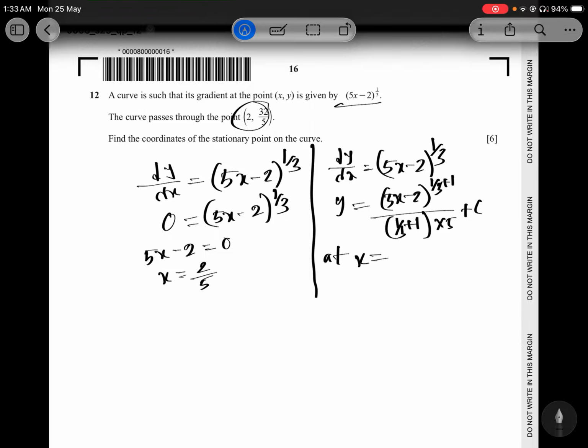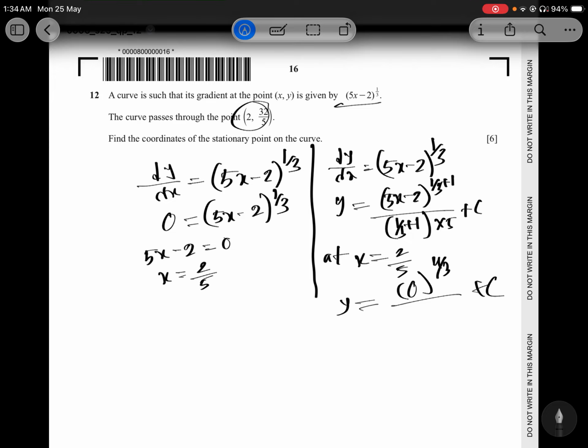At x equal to 2 by 5, y should be, 2 by 5, so it's 0. 5 cut down, 2 minus 2, this is 0, 0 to the power something. Three 1s are 3 plus 1, 4 by 3. It would become 0 completely.